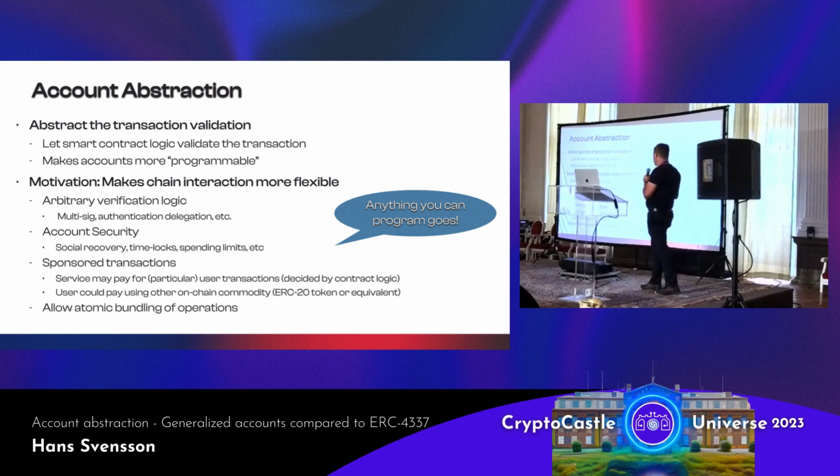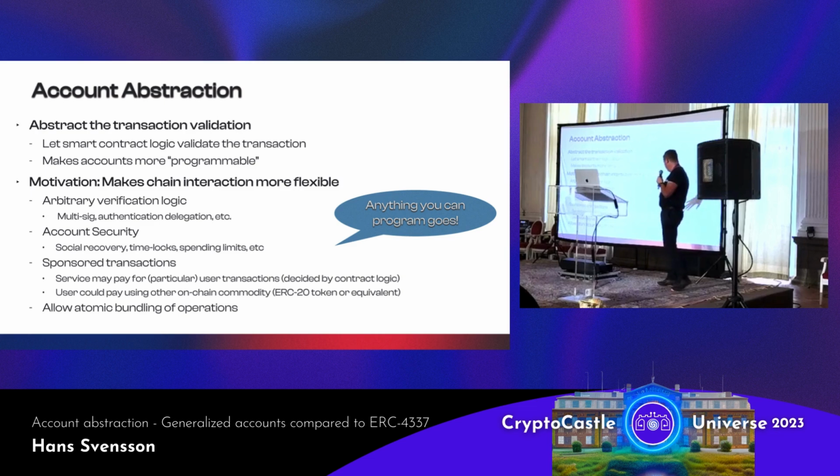Another track is that in many situations, especially when we're trying to onboard new people, having to have tokens or funds in their account to do a transaction is a hurdle. So the ability to sponsor transactions is also crucial here.